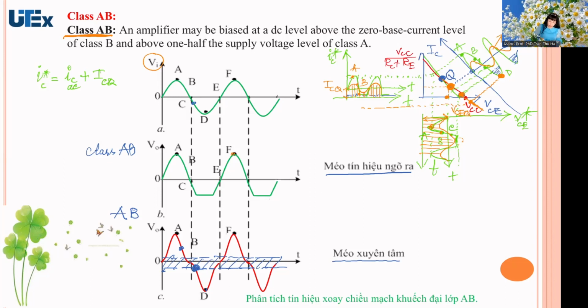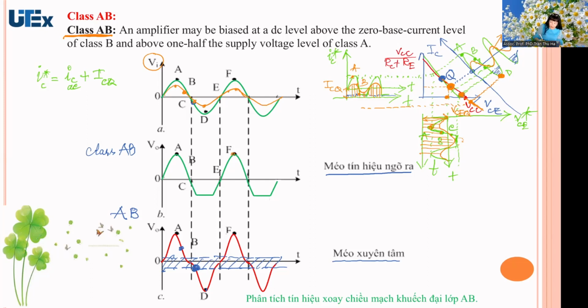Because the output, for example, here, the same circuit, the same information, A, B, C, D, E, F, for example.